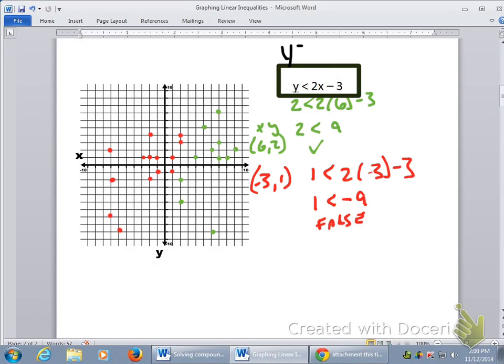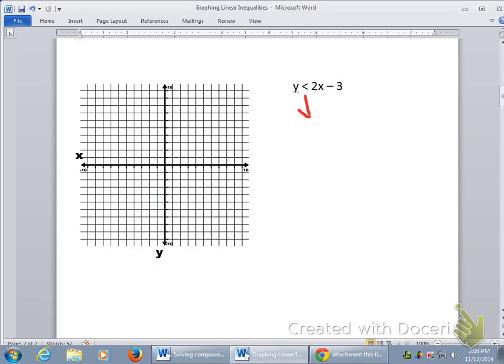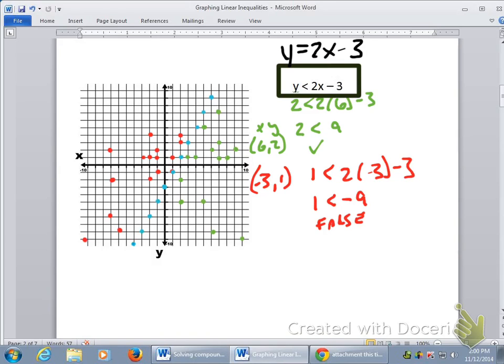So we're going to graph that inequality. Notice it looks a lot like y equals 2x minus 3. As you watch it get graphed in blue, you can see that the blue line does perfectly separate the green dots from the red dots, with the exception of this one right here, and we'll talk about that one in a minute.